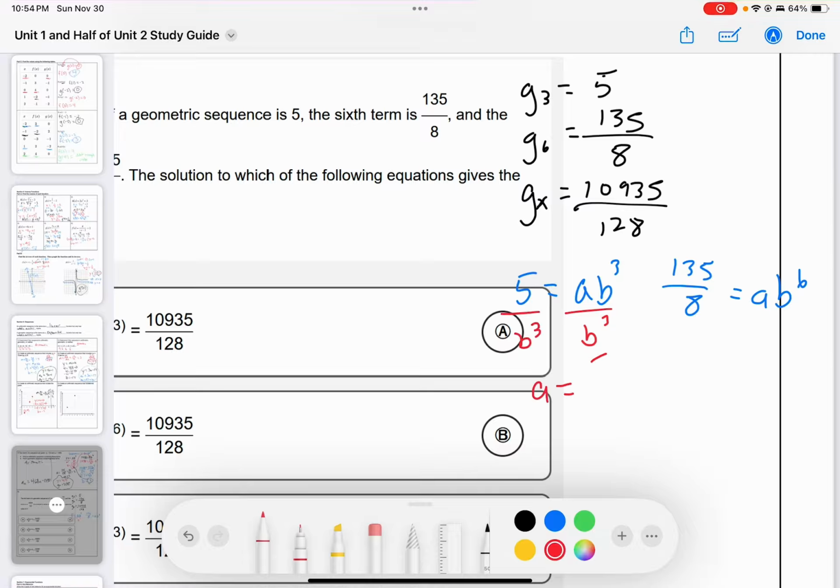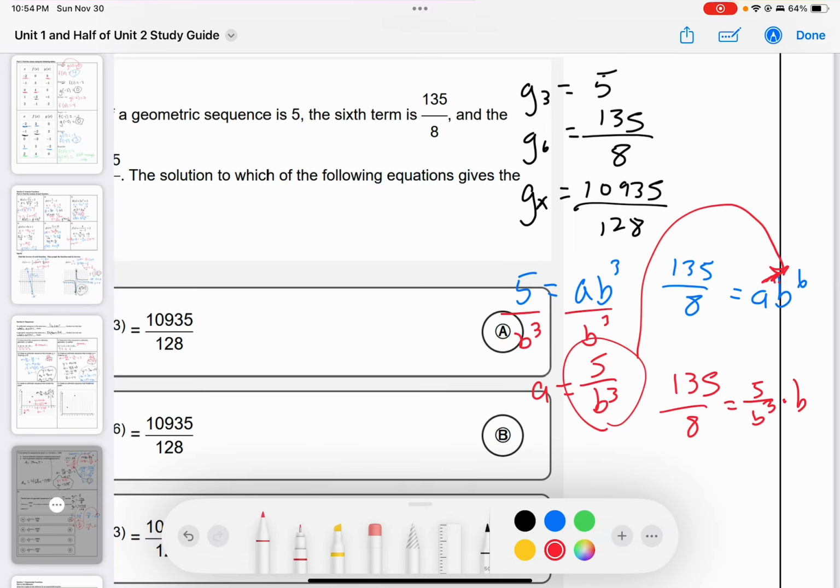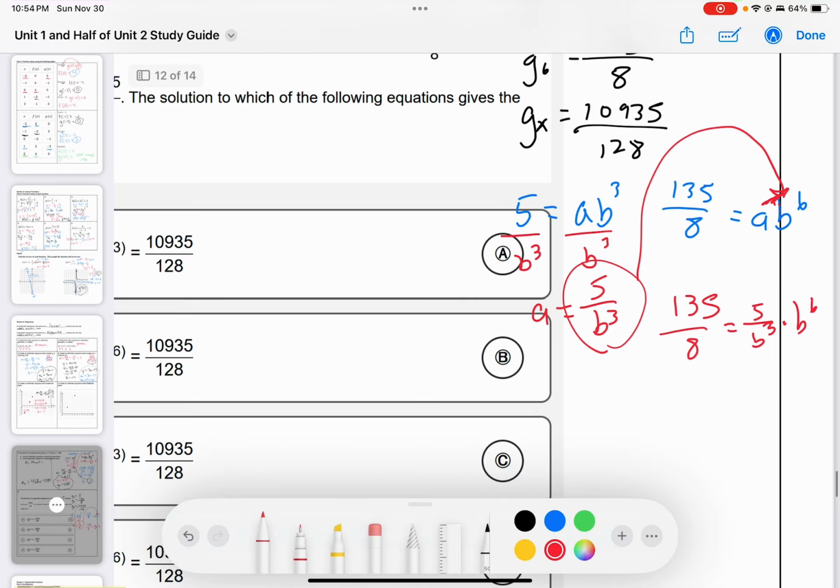So a is equal to 5 over b to the third, and let me just substitute that into a. We get 135 over 8 equals 5 over b to the third times b to the sixth, which simplifies to 135 over 8 equals 5b to the third.